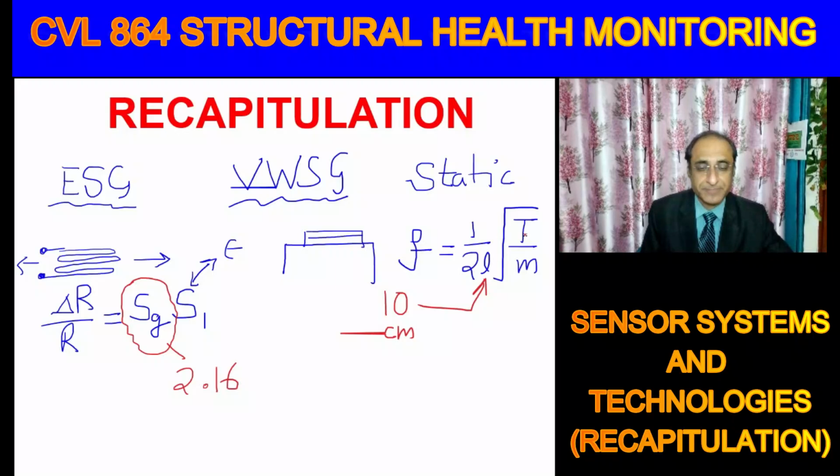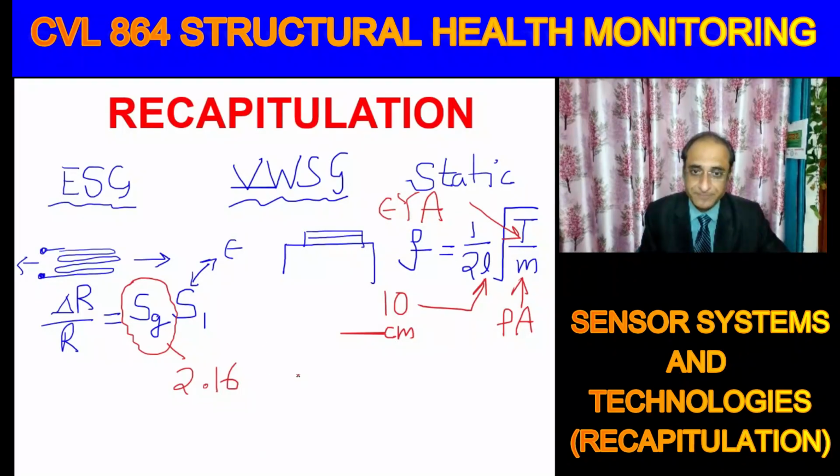Then you can again rework the formula. All you have to do is replace M by the product of the density and the cross section area, and the tension can be replaced by the strain multiplied by the Young's modulus, that is stress, and then area. With this you can derive an expression for the strain in terms of the frequency.